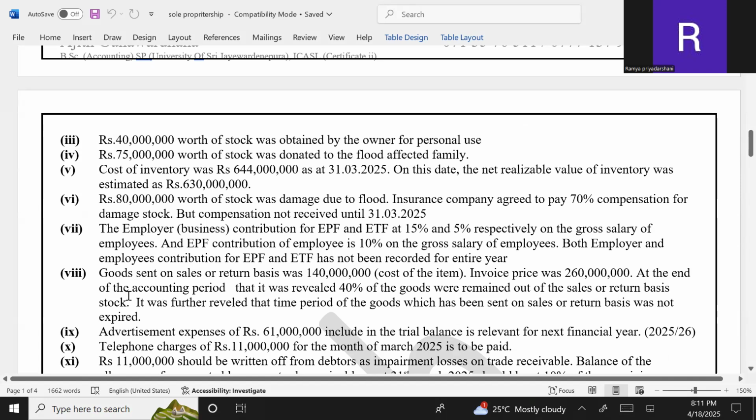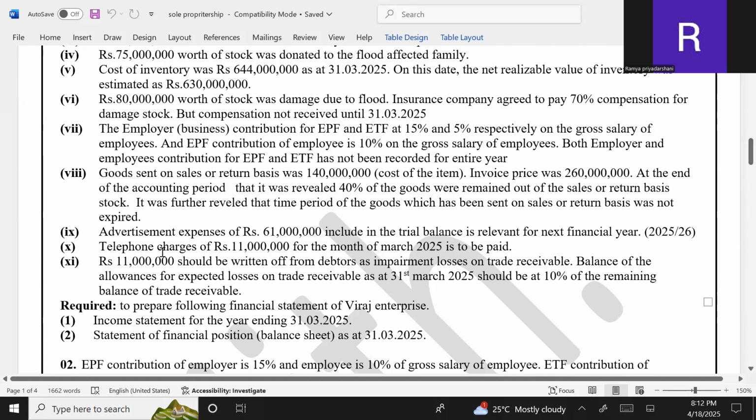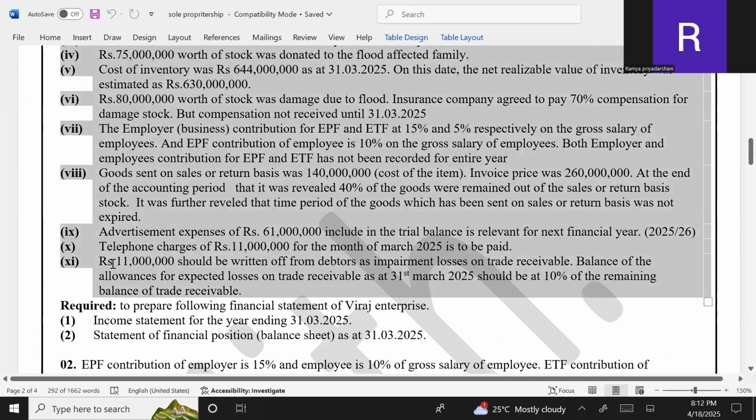And at the same time, inventory adjustment, additional 5, should be done. Also bad debts and doubtful debts, additional 11. Those adjustments should be done from the beginning.